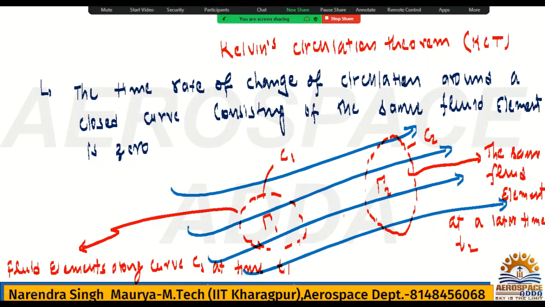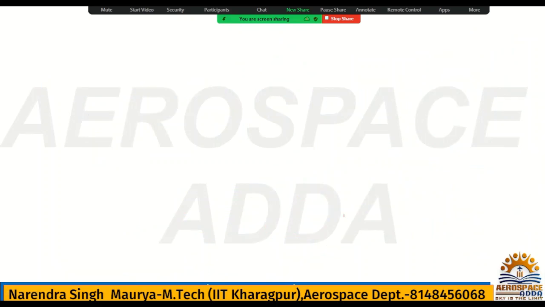So the time rate of change of circulation around a closed curve consisting of the same fluid elements is 0. The meaning is very clear. What is the meaning of time rate of change of circulation?